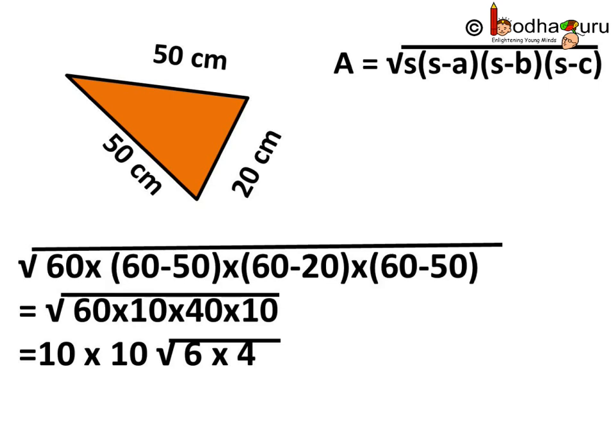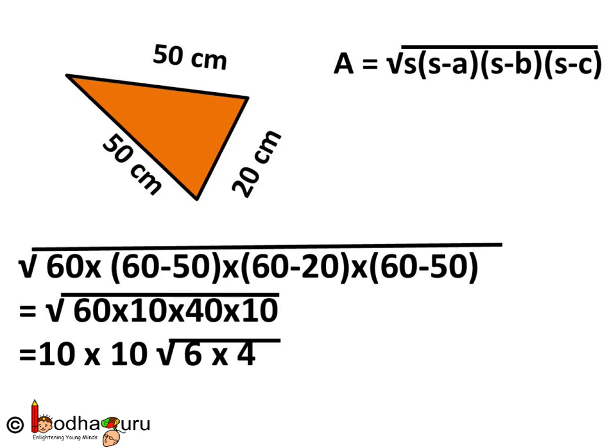As there are 2 tens under the square root, we can take 1 ten out, and 60 can be written as 6 into 10 and 40 can also be written as 4 into 10. So again, square root of 100 is 10. So we take out one more 10 outside the square root.